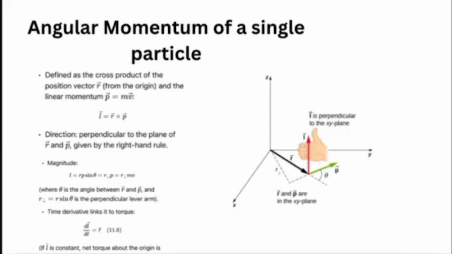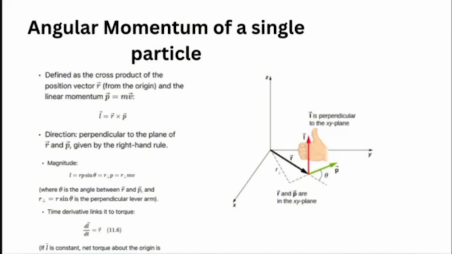Its magnitude is L equals r p sine theta, which can also be written as L equals r perpendicular times mv, where r perpendicular is the lever arm, the distance from the origin to the line of motion.